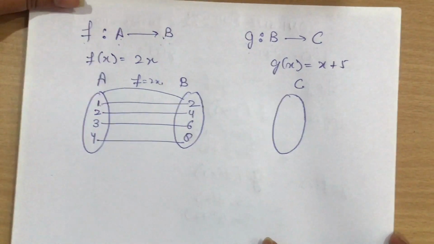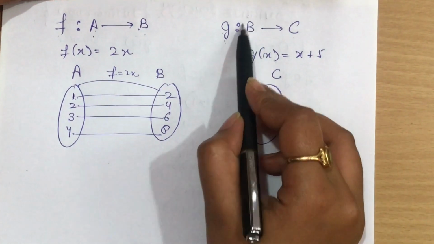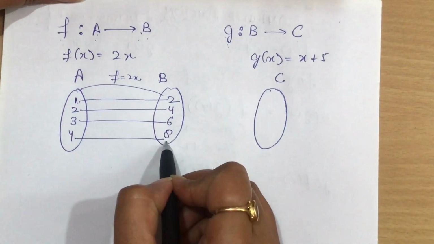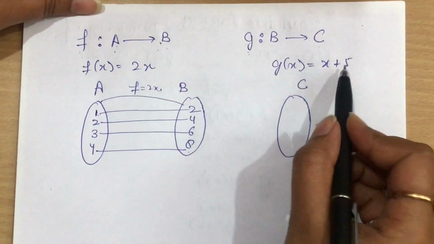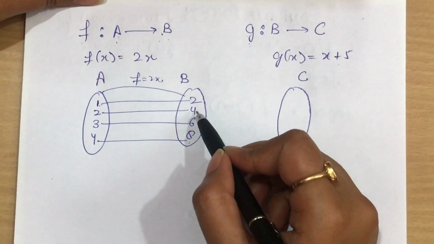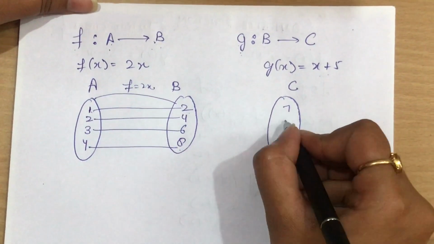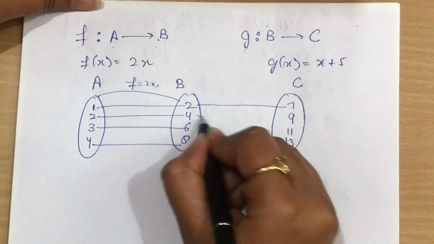And when I talk about this function g, listen students, here B is the domain and C is the codomain. Now B is the domain, so you just have to substitute the elements from your domain in the given equation. For example, if you substitute x equals 2, you will get 7, for 4 you will get 9, then 11, then 13. So here is the mapping like this.